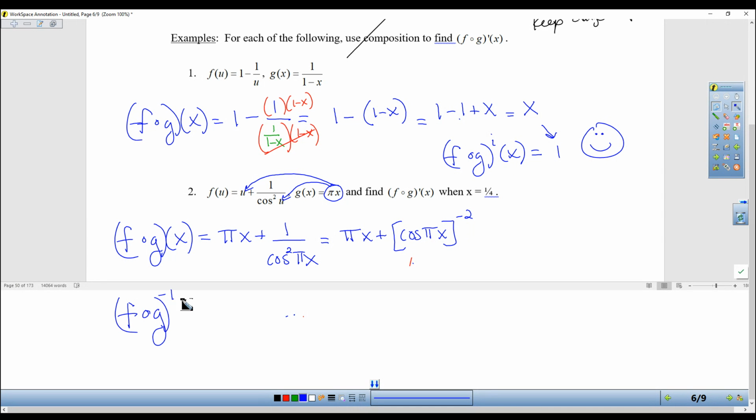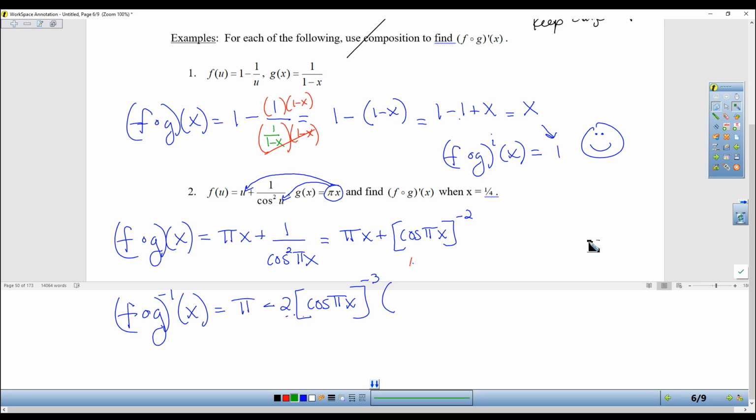So the derivative of f of g of x, the derivative of the first term is just pi, and the derivative of the second is -2. Keep this the same. A lot of people take the derivative right here. Not yet. To the -3. Now, okay, this is the inside, and it's going to have its own inside.